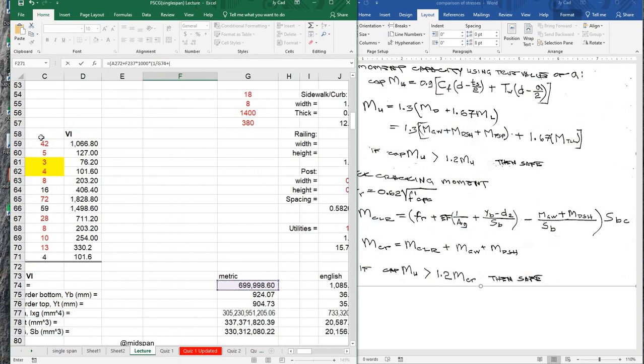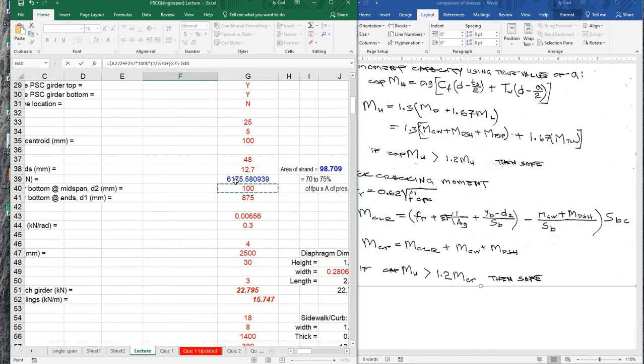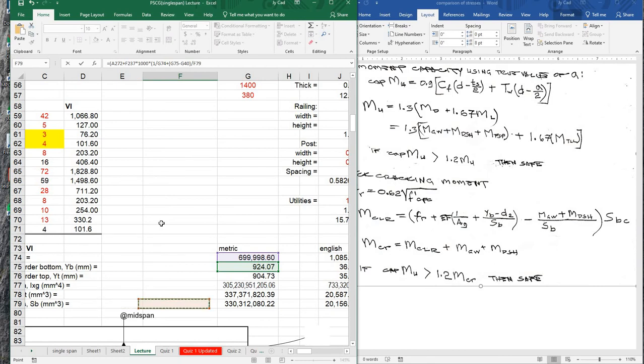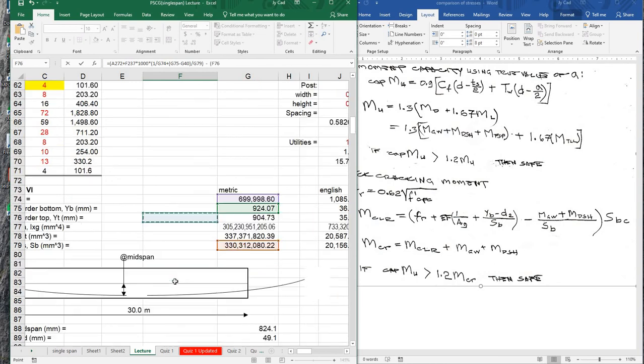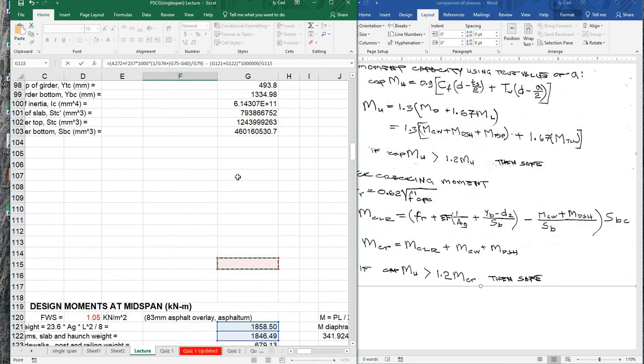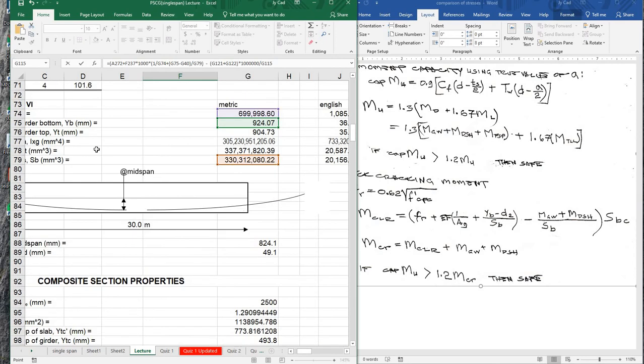Plus YB minus D2 and then close, divided by, dito na tayo sa S sub B, ito siya, then close, minus moment due to girder weight plus moment due to diaphragm, slab, and haunch, close parenthesis, multiply that by 1 million, and then divide by SB, that is section modulus bottom, gross, using gross, ito.